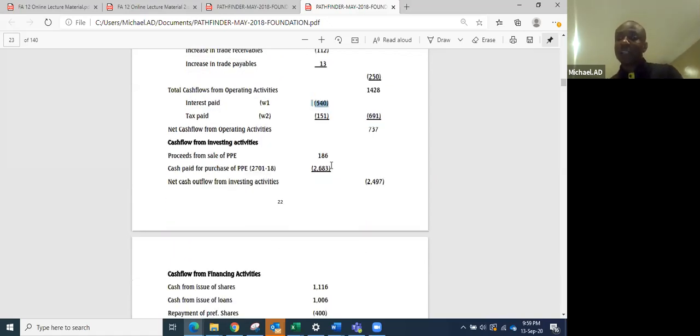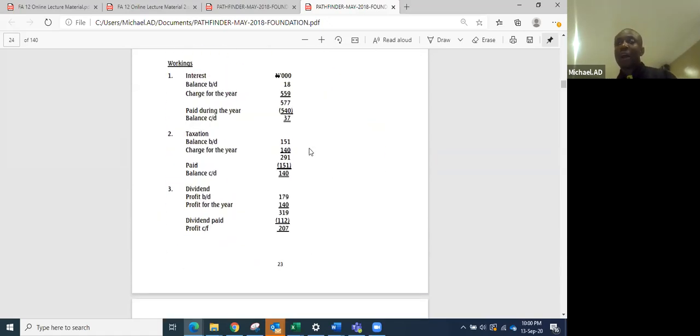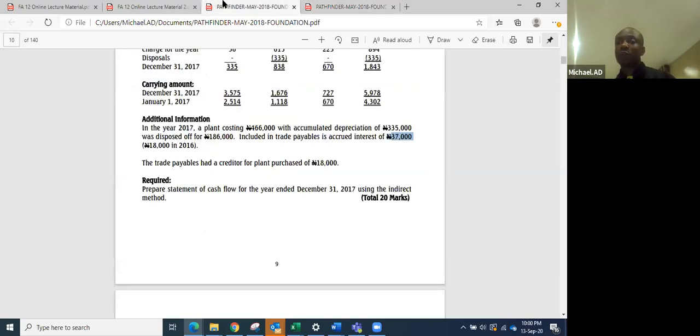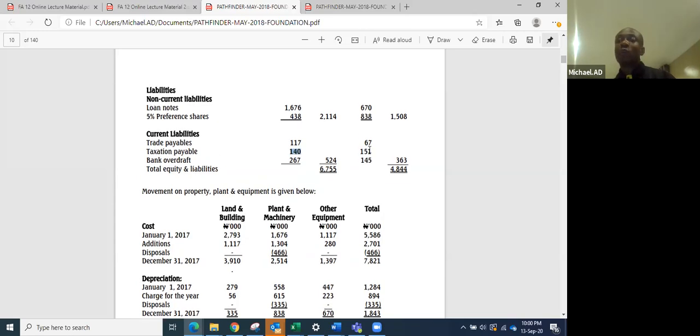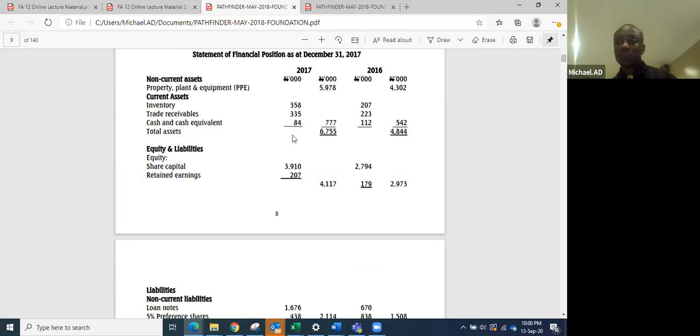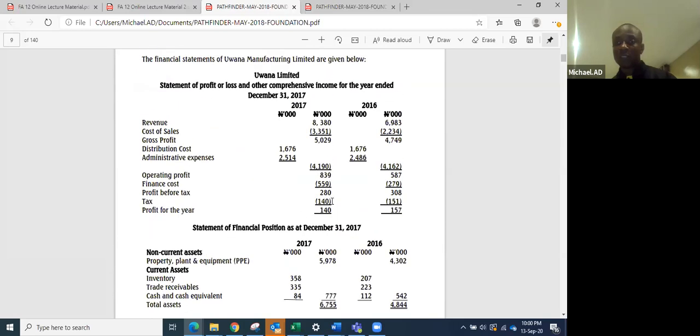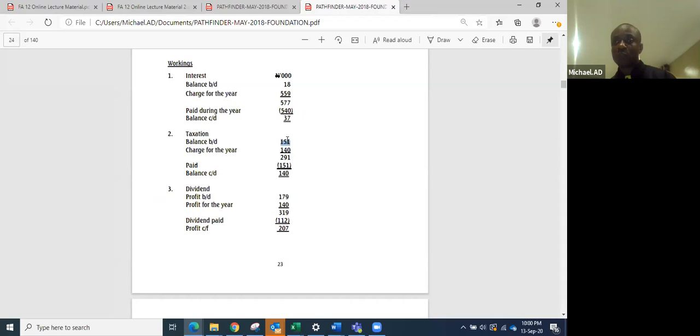The same thing also applies to our tax. Our tax is telling us that in 2016, we have 151. At the end of the year, we have 140. But then 151 plus what is our during the year? 140. Do you still remember this 140? Yes. 151 plus 140, we have 291.